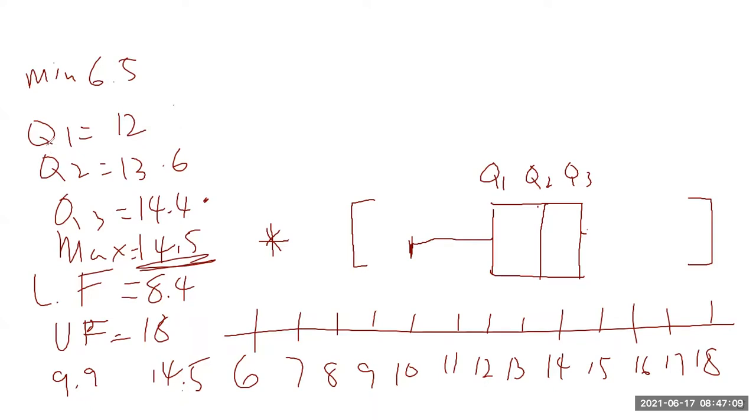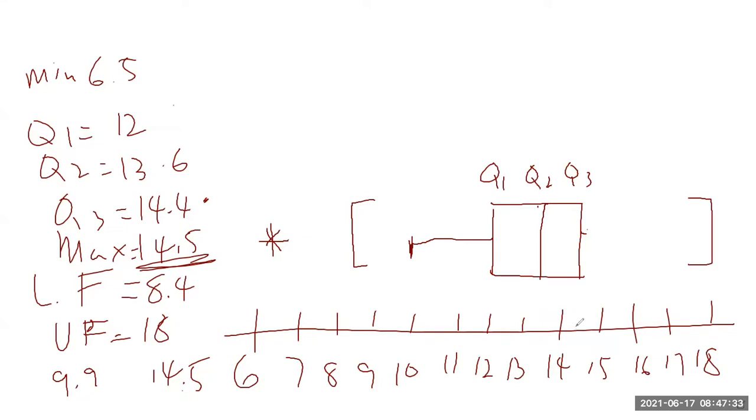Sometimes you don't have to do all of this work. Sometimes the box plot will already be drawn for you. It would have already been drawn, and then you will have to answer some questions. So if you are fortunate and your homework is already drawn and it asks you for Q1, just trace it to the horizontal axis, look for the value here. That will correspond to Q2.